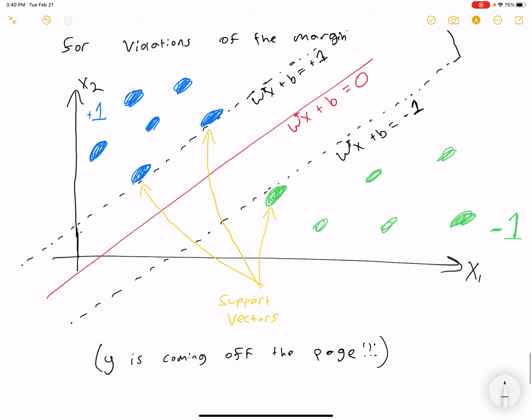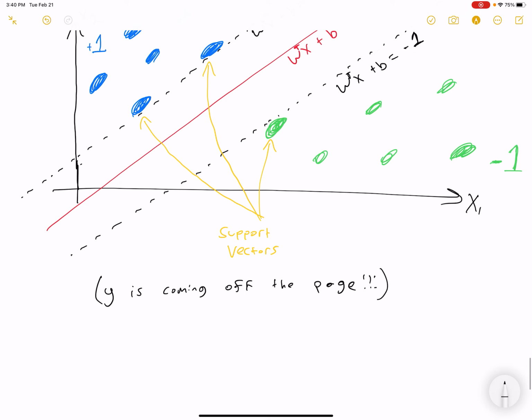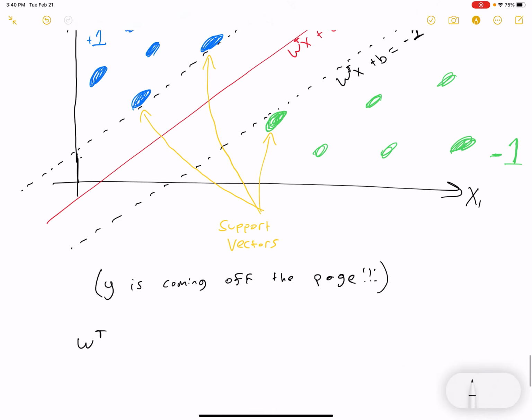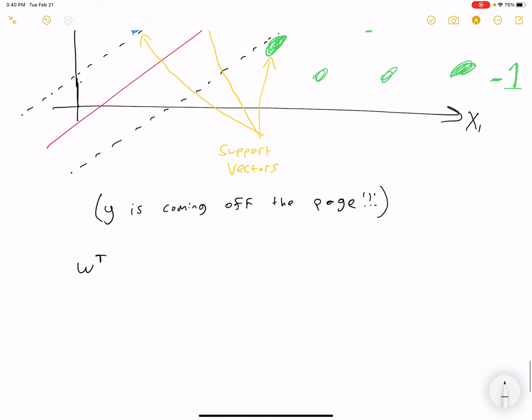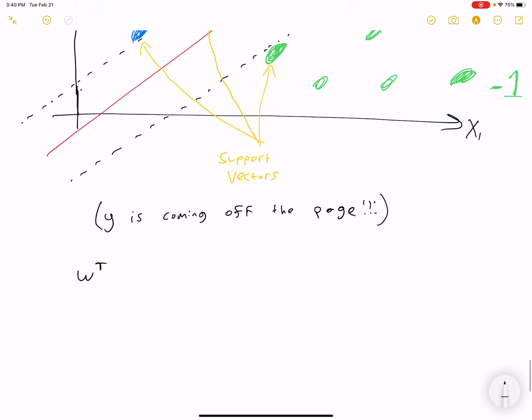We can take our 2 equations above, so W transpose X plus B equals +1, and W transpose X plus B equals -1.